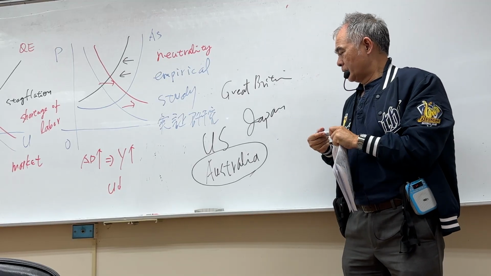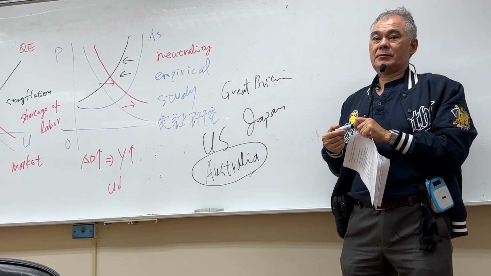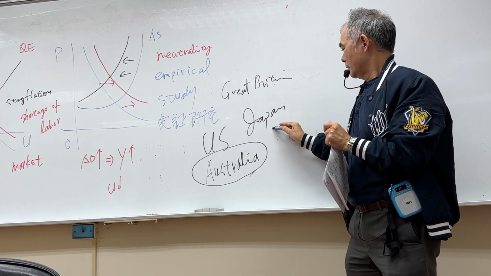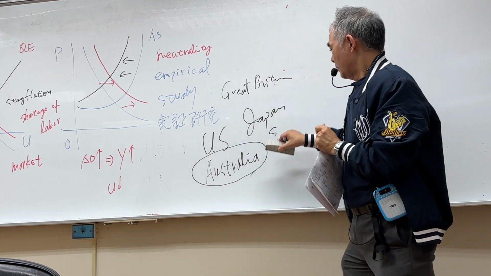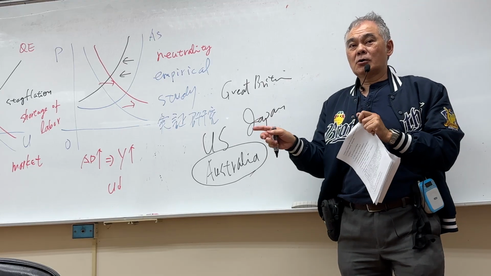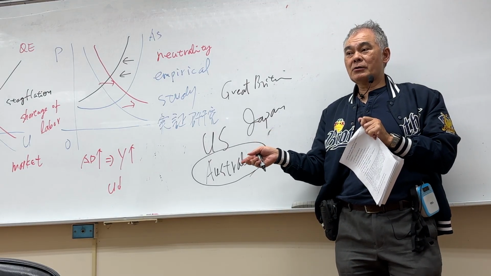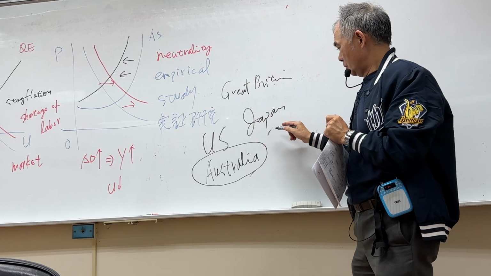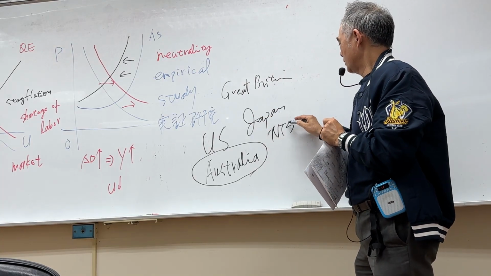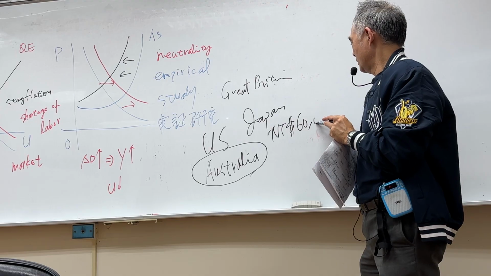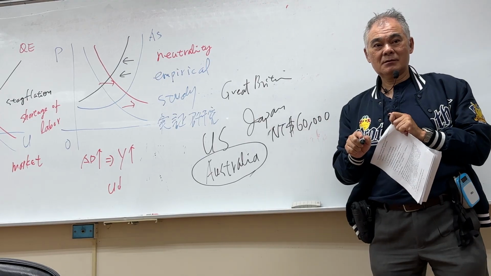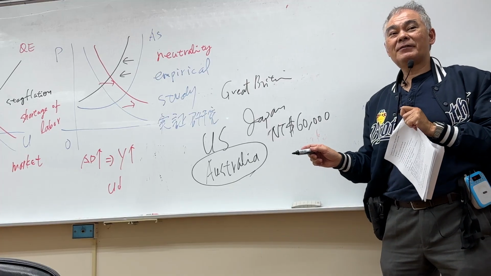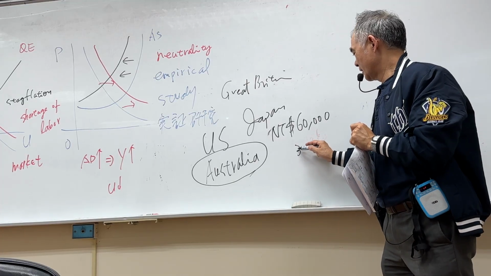So if you go to Australia, like 5 years ago, what you get? You have to be careful because the Australian dollar is going down, it's not as high as before. So usually you can get NT dollar 60,000 a month, which sounds good, but your living cost is $30,000.